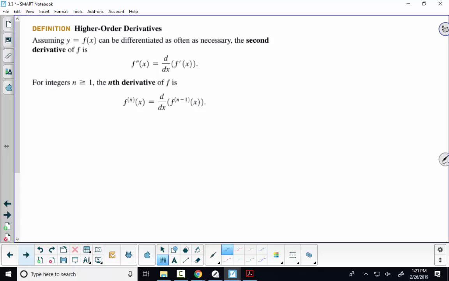They've said that the second derivative is the derivative of the first derivative. So the third derivative is the derivative of the second derivative. The fifth derivative is the derivative of the fourth derivative, so forth. So the nth derivative is the derivative of the n minus 1th derivative, the previous derivative.